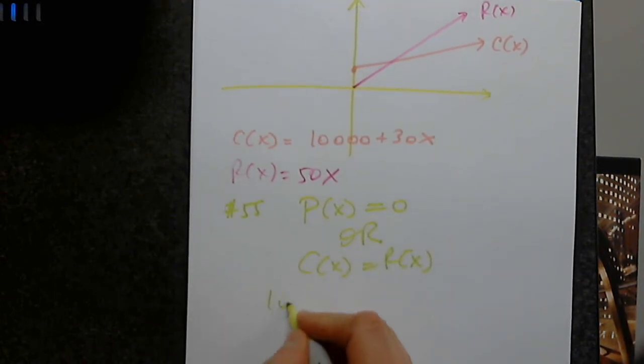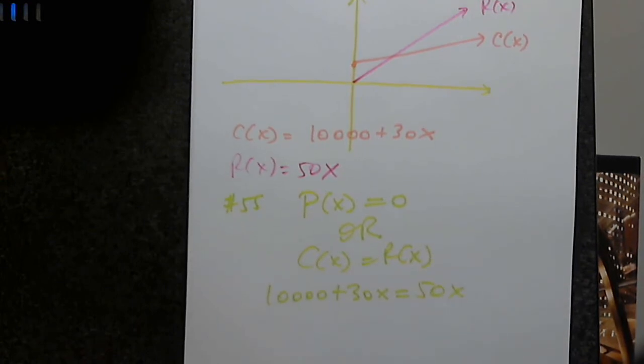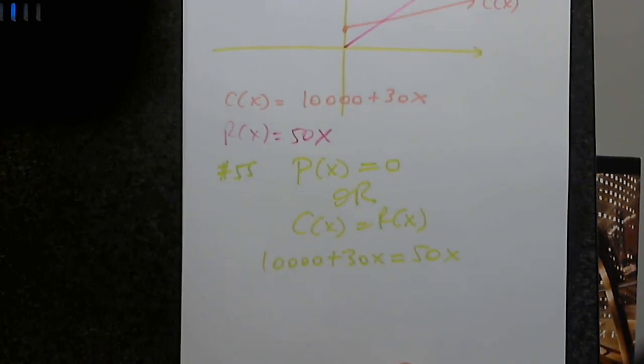The cost function is 10,000 plus 30x, and the revenue function is 50x. This is basically a system, but we already wrote it as one equation. It's a system of linear equations. So I will subtract 30x: 10,000 equals 20x.